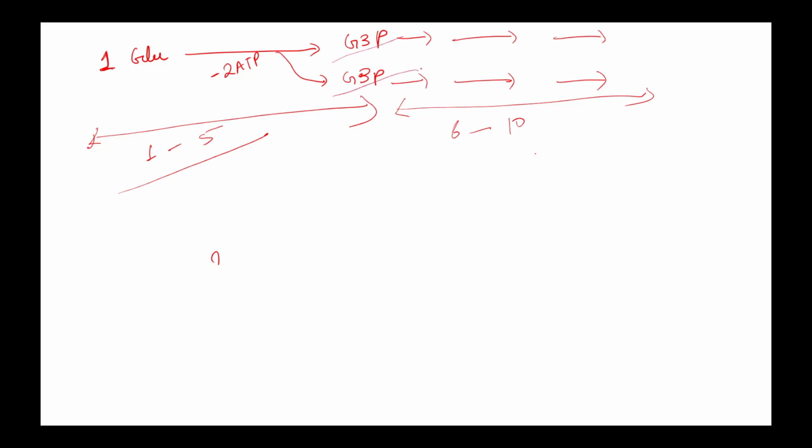So from here onwards, this particular glyceraldehyde 3-phosphate now gets converted to 1,3-bisphosphoglycerate. The structure was something like this.